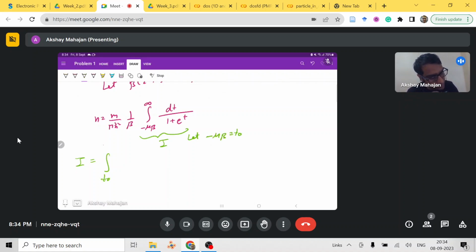So we have the integration from t naught to infinity of dt upon 1 plus e to the power t. To solve this integral, we can write in the numerator, instead of 1, 1 plus e to the power t minus e to the power t, that is just 1. E to the power t minus e to the power t will be 0. Here, 1 plus e to the power t dt.